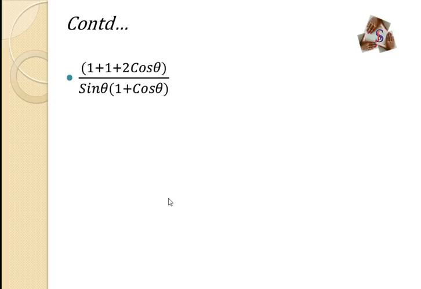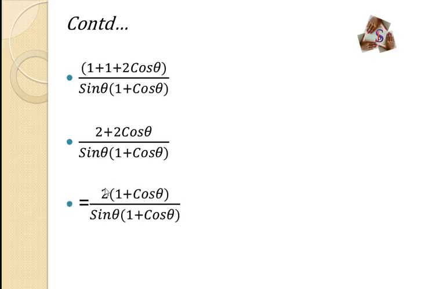So now let us see how we apply a Pythagorean identity here. Sin square theta plus cos square theta can be written as 1. So it is 1 plus 1 plus 2 cos theta, whole divided by sin theta into 1 plus cos theta. So that is 2 plus 2 cos theta whole divided by sin theta into 1 plus cos theta. We can take out 2 common.